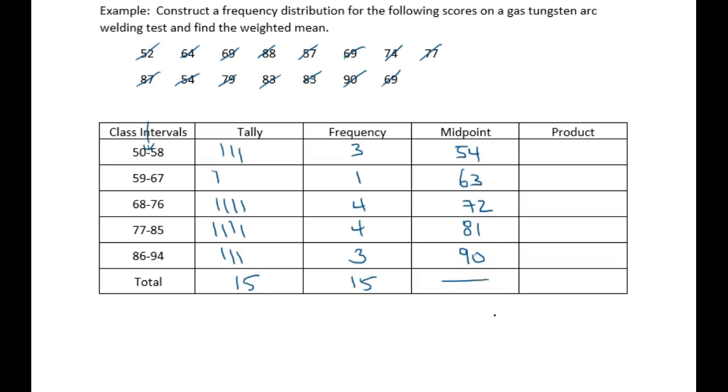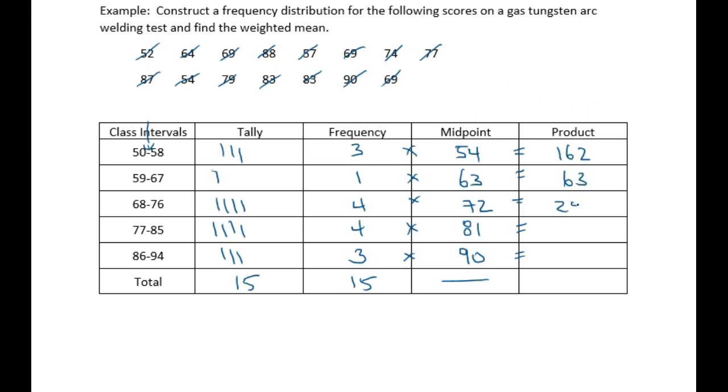You don't necessarily have to do a total of your midpoints because it's not going to contribute to our calculation. And then we're going to find our weighted mean. So remember, that's our frequency times our value. We're going to be multiplying each of these values to get our product. So 3 times 54 is 162. 1 times 63 is 63.